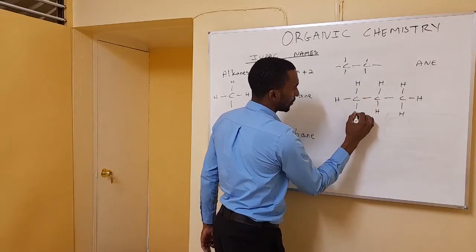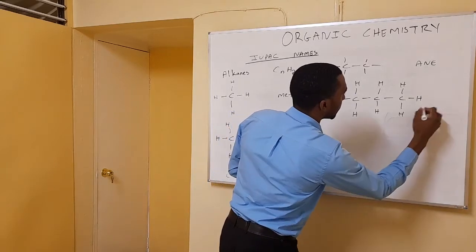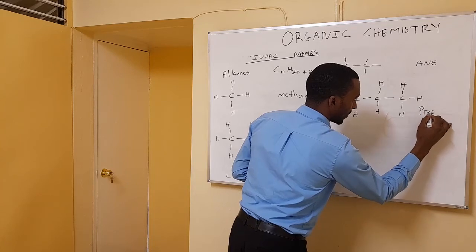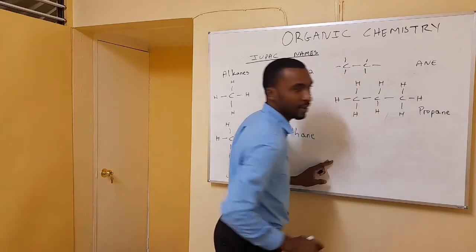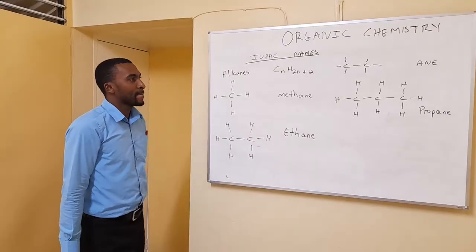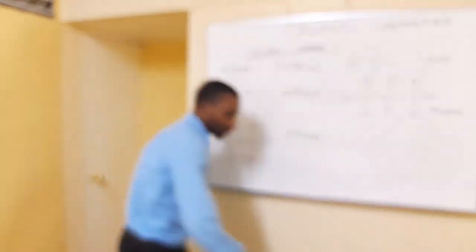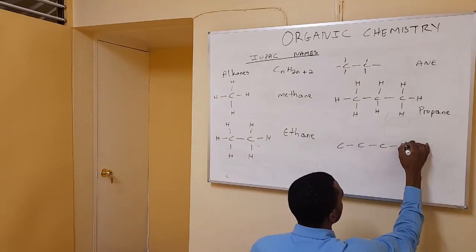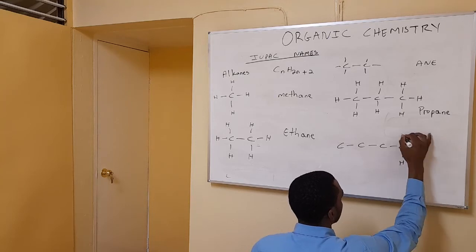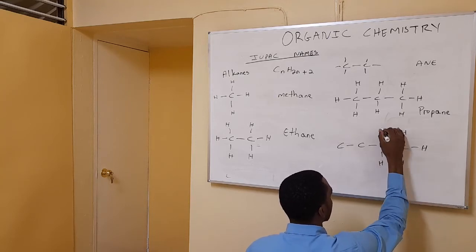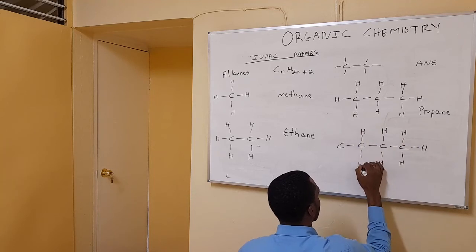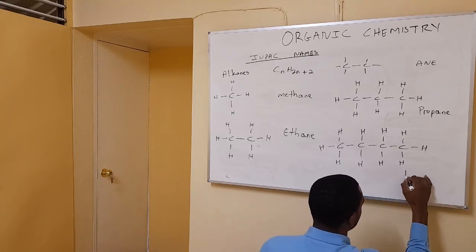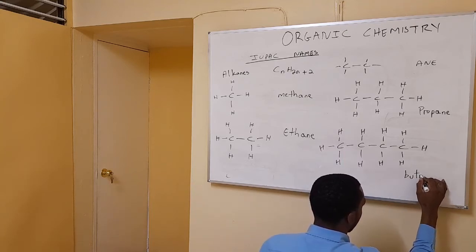This is how you represent the full structural formula in the exam. This is prop, three carbon atoms, ane, propane. We have four: butane.